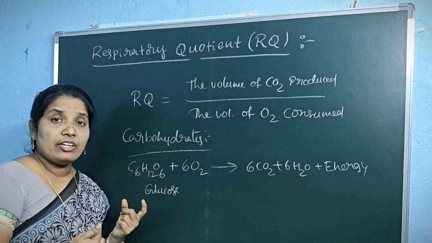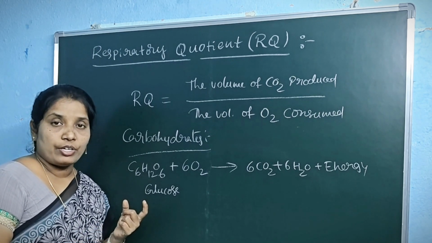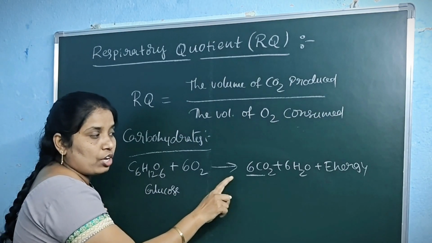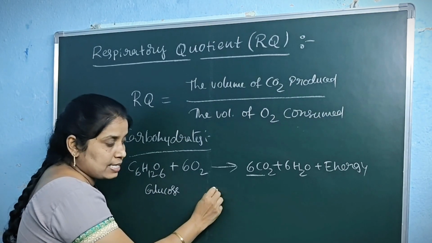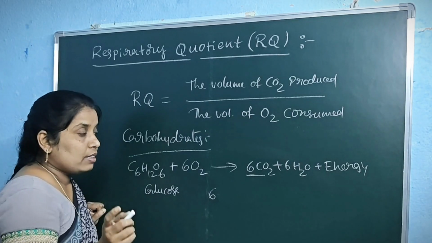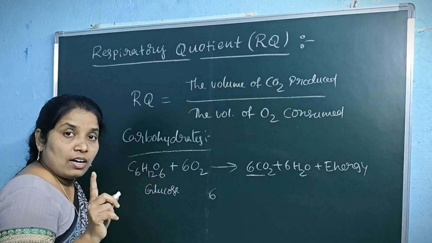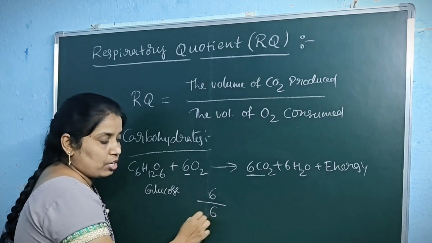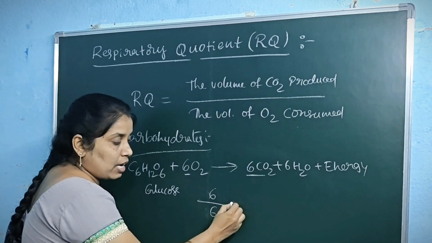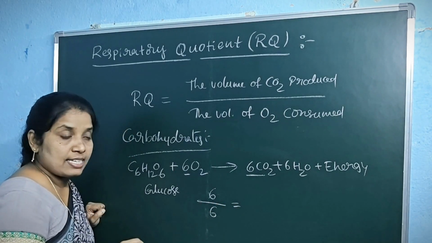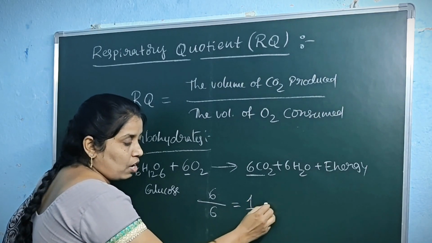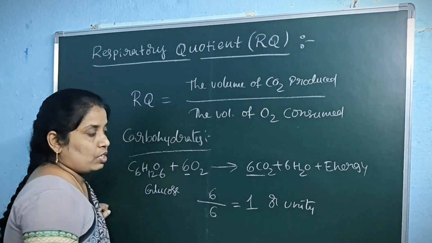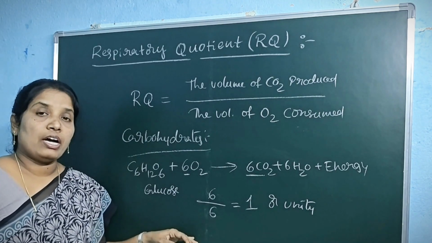By calculating this, you can measure the RQ value. In this reaction, the volume of CO2 evolved is 6, and the volume of oxygen consumed is 6 oxygen molecules. Then the RQ of carbohydrates becomes 1, or it is equal to unity. So, this is the RQ value for carbohydrates.